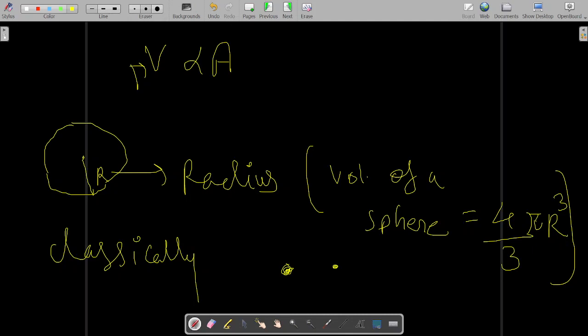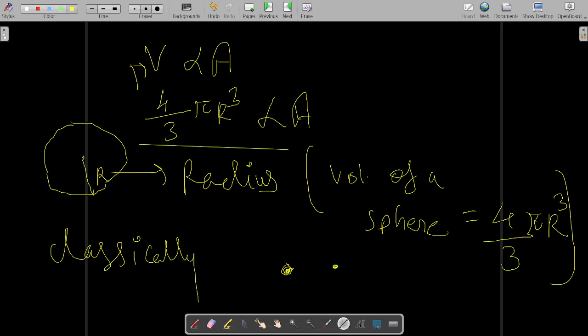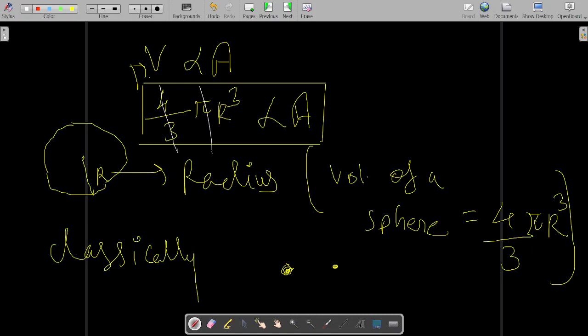That small sphere is also going to have some radius, so let us assume that radius to be capital R. So the volume of the nucleus will be 4 by 3 pi r cube, and this is directly proportional to A. Now you know that this proportionality sign can be written without the help of constants. 4 by 3 and pi are constants, so those can go away. So r cube is directly proportional to A.